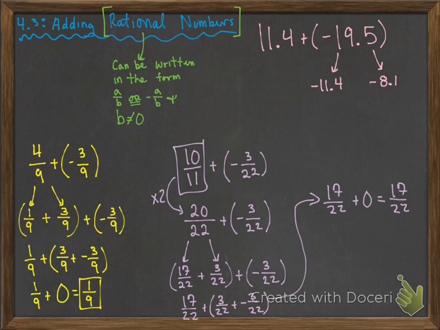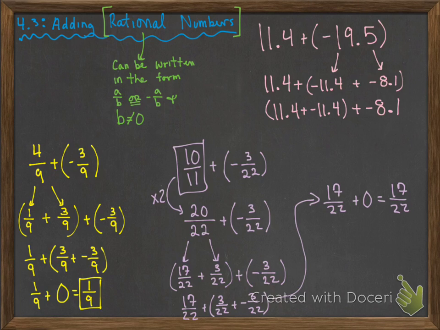If you pull out 11.4 from 19.5, you get 8.1. So -11.4 plus -8.1 gives me -19.5. I'm going to keep the 11.4 that was there, and now with the commutative or associative property of addition, I switch the parentheses around.